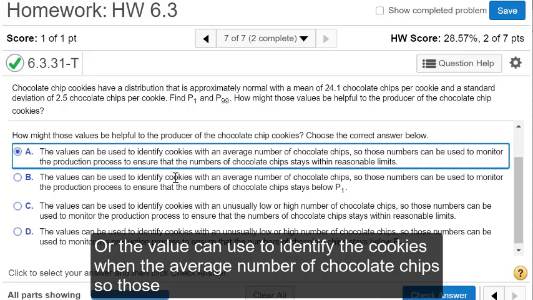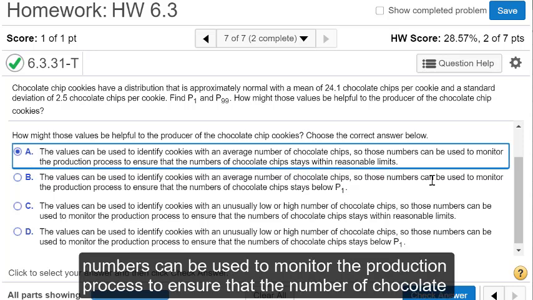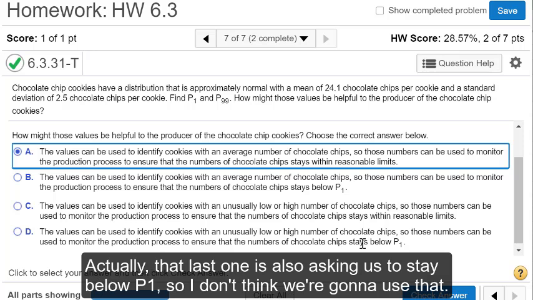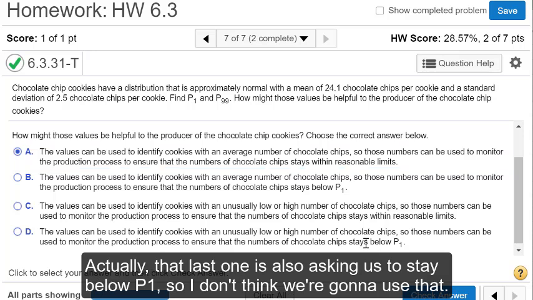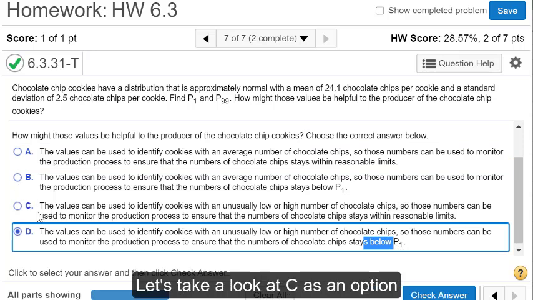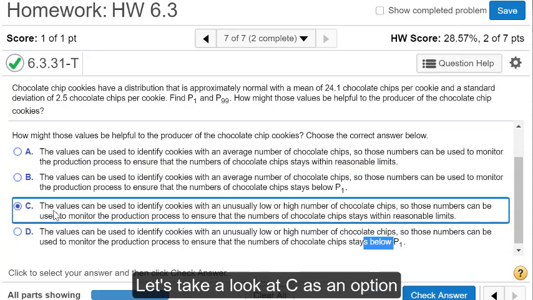Choice B says the values can be used to identify the cookies with an average number of chocolate chips, so those numbers can be used to monitor the production process to ensure that the number of chocolate chips stay below P1. No, we don't want to stay below P1. Actually, that last one is also asking us to stay below P1, so I don't think we're going to use that. Let's take a look at C as an option.